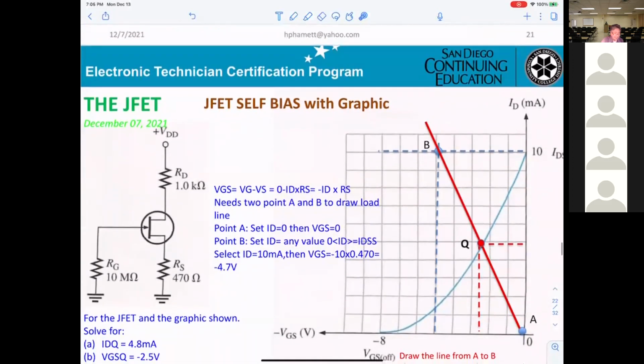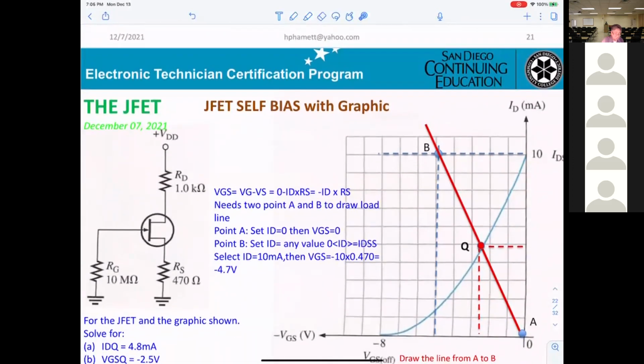Okay, and self bias, right now I'm not going to go through it. You can read. You see the circuitry, you know this is a self bias. You don't need a power supply at the gate. And in order to solve anything, you need the graph here.